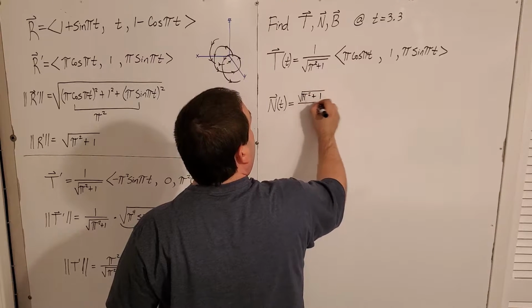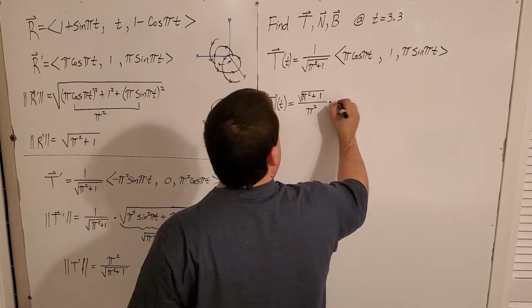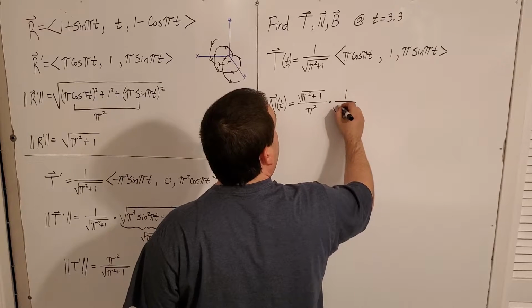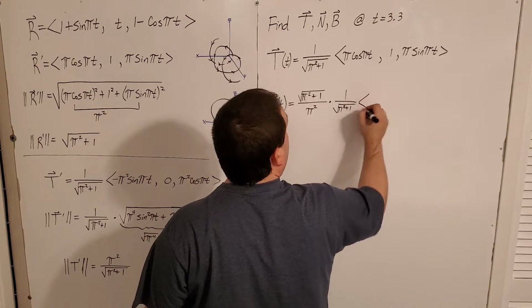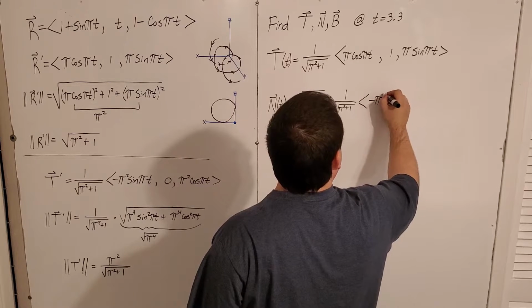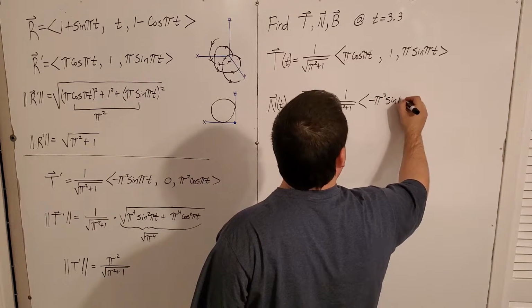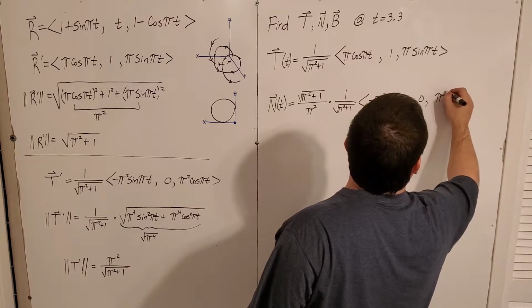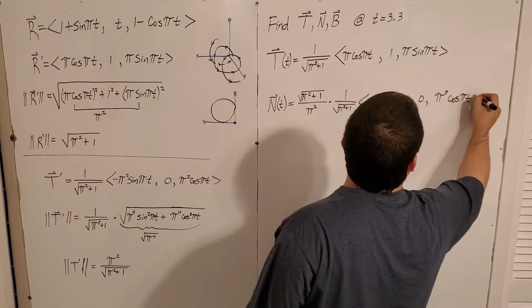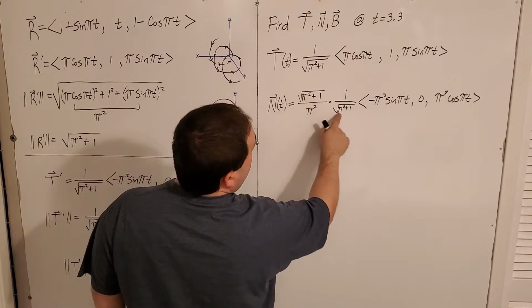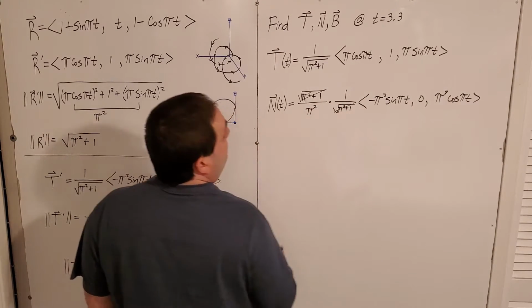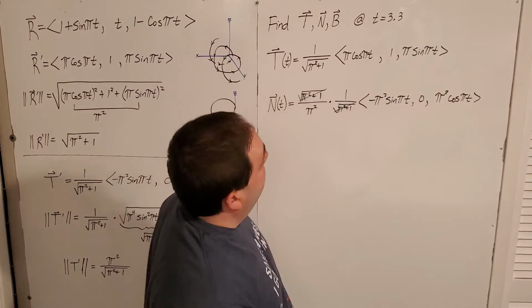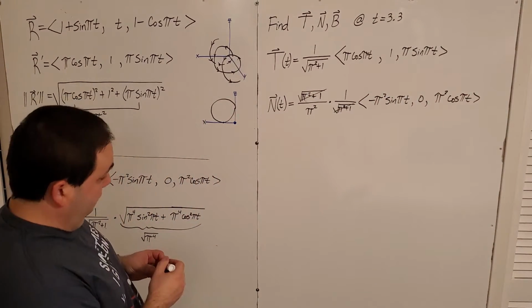Pi squared plus 1, pi squared times the derivative of the tangent vector here. So 1 over the square root of pi squared plus 1. And then I've got negative pi squared sine pi t, 0, and pi squared cosine pi t. Notice these two pieces wipe out, right? So I'm really just left with 1 over pi squared times this vector here, which would make it the unit normal vector, right?